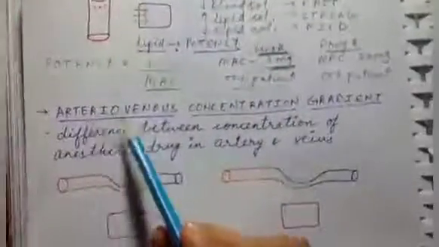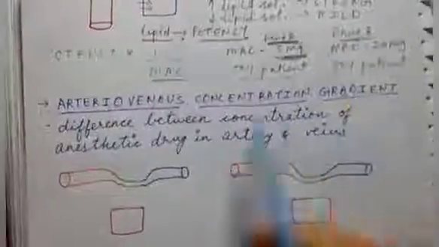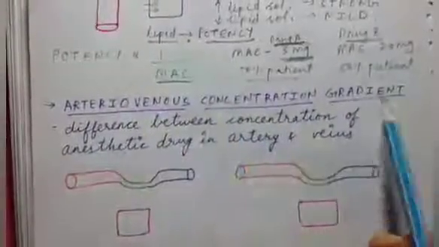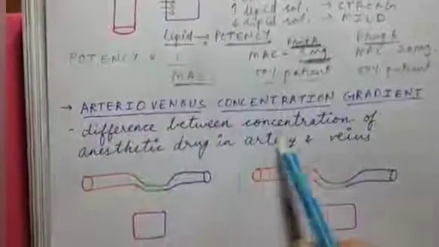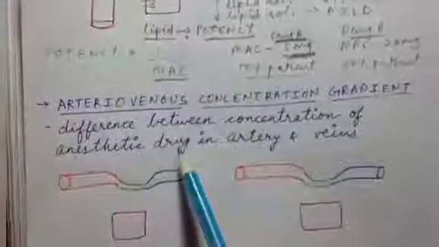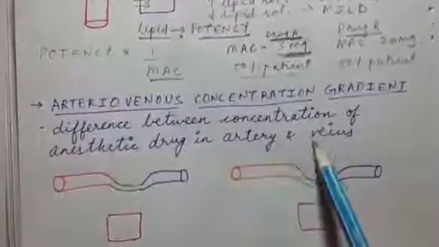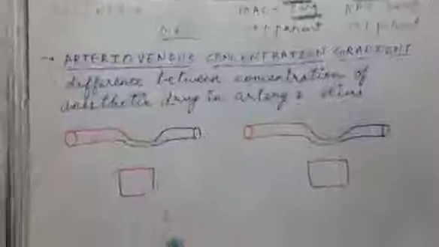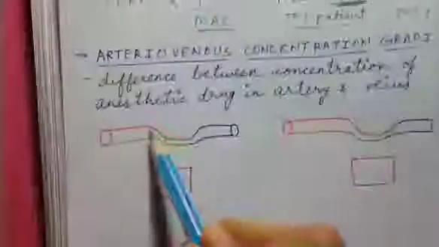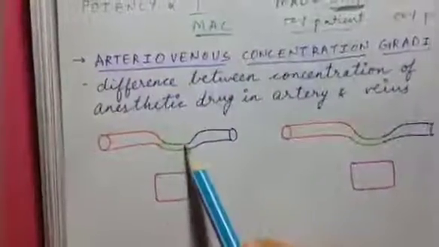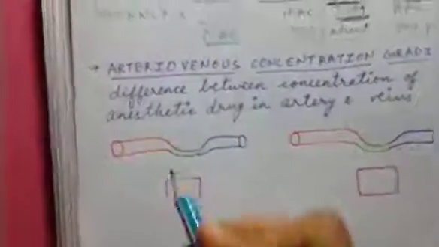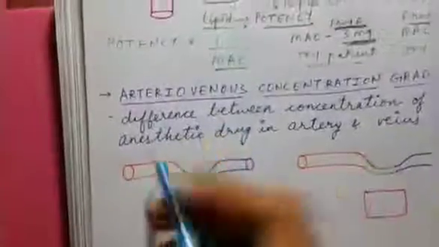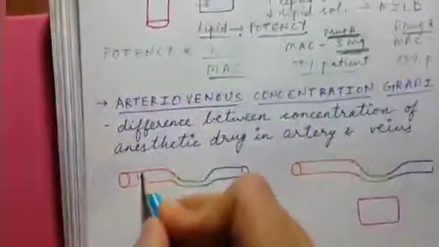Now the next main property is arteriovenous concentration gradient. And what is arteriovenous concentration gradient? It is the difference between the concentration of anesthetic drug in artery and vein. So let's try to understand. This orange part here is artery, the green one here is capillary, this is vein, and this is tissue. Let's say the concentration of the anesthetic on the arterial side is 100 milligram.